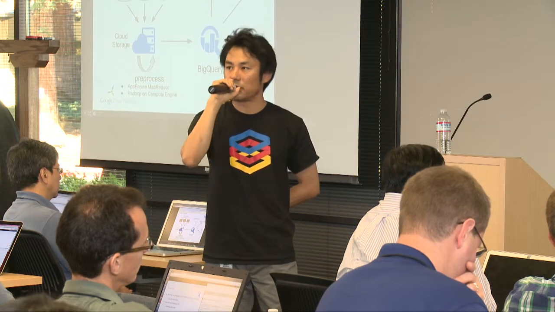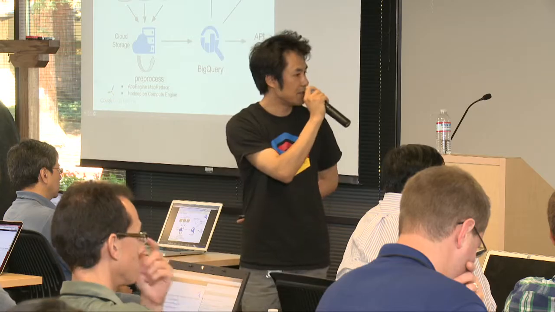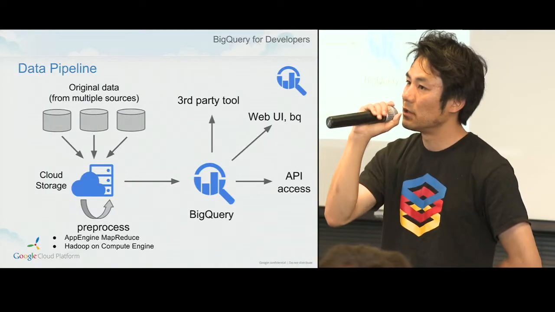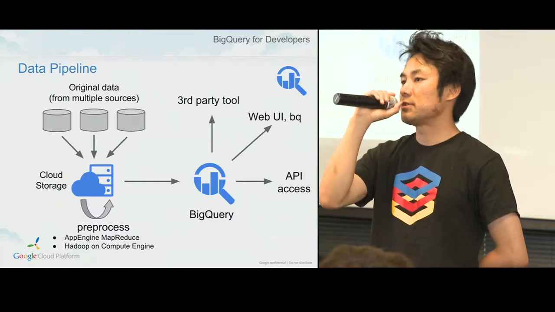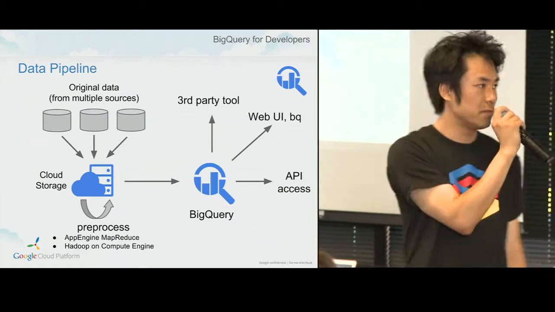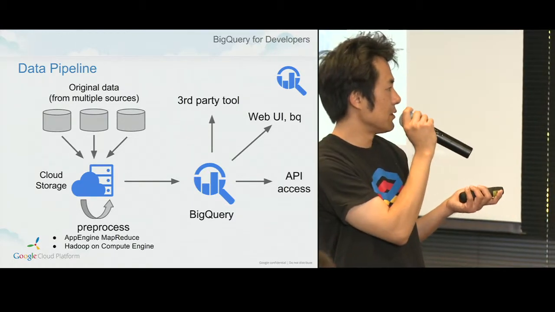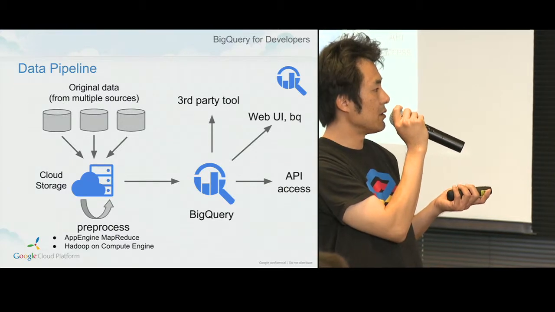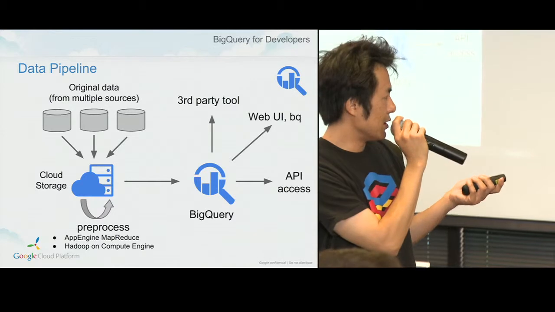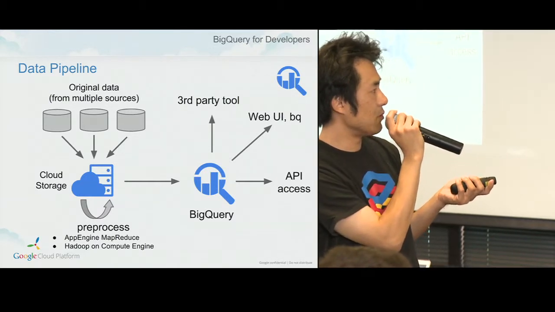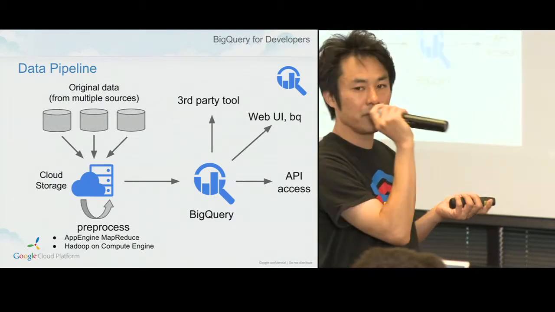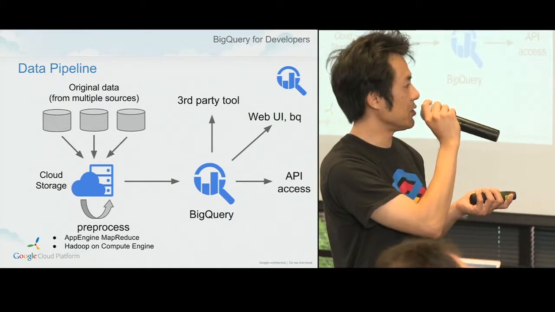Anyway, it might have many sources, and they might have different formats. So what we do is first upload everything onto Cloud Storage, and we do some pre-processing before the data goes into BigQuery. The assumption is that this whole data is huge, so we can use App Engine MapReduce or Hadoop on Compute Engine to pre-process the data.